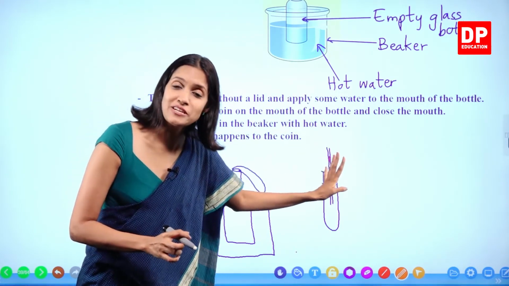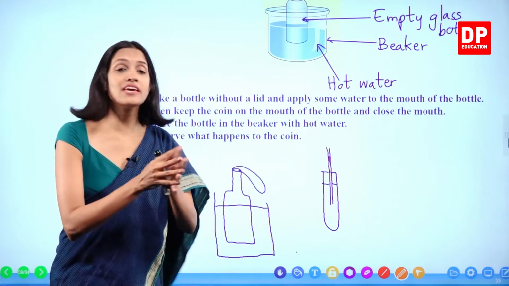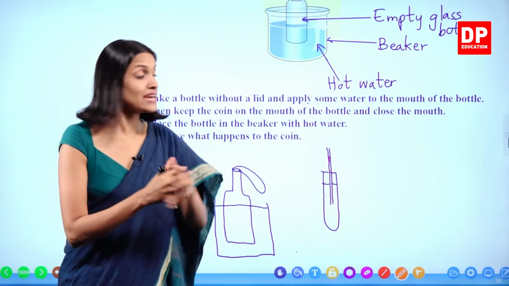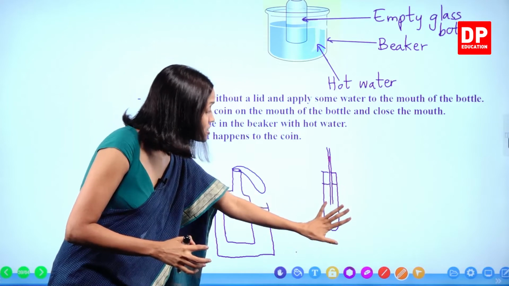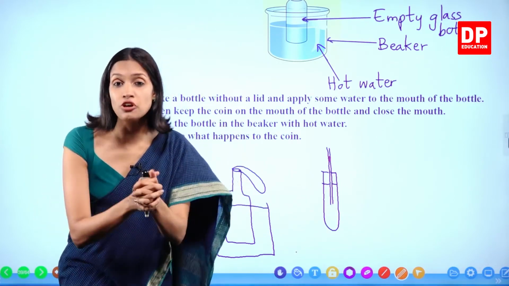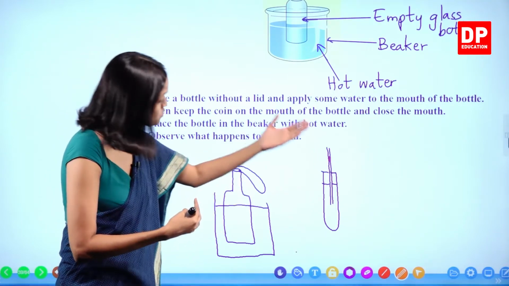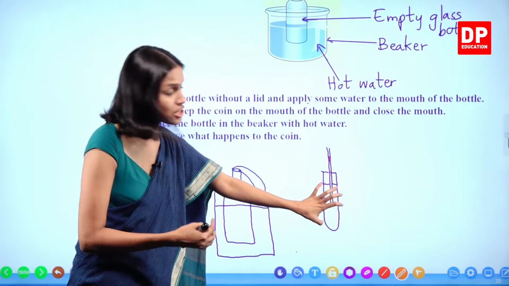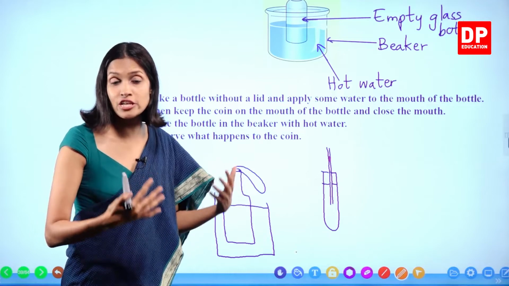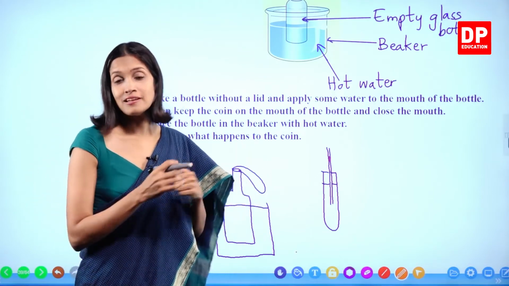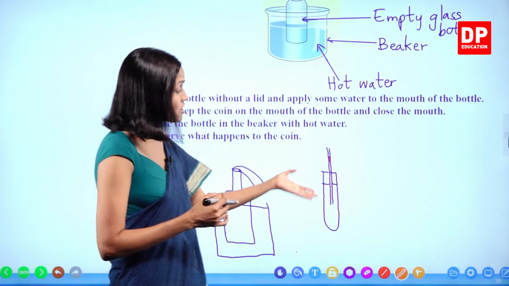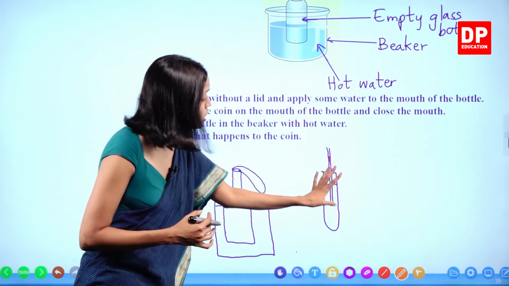So why does this happen, children? When we hold this empty test tube with our hands, the air inside the test tube absorbs the heat of our body. Because of our body heat, it's absorbed by the air inside the test tube, and the air inside the test tube expands. Right, children? Expansion means increase in volume.